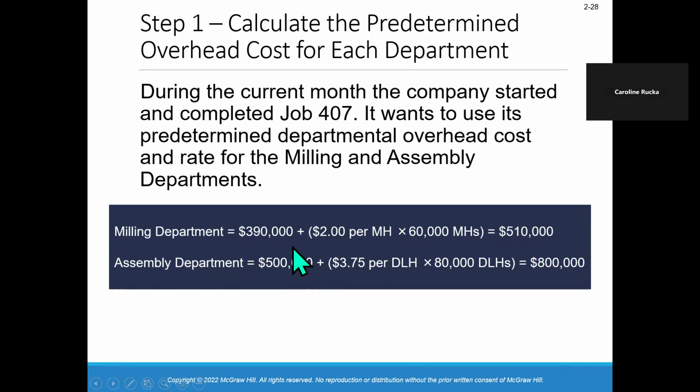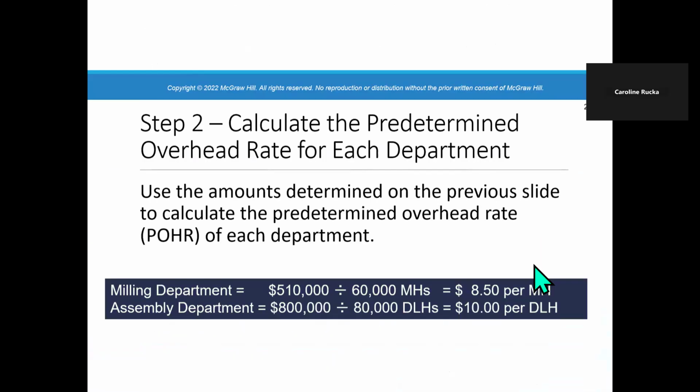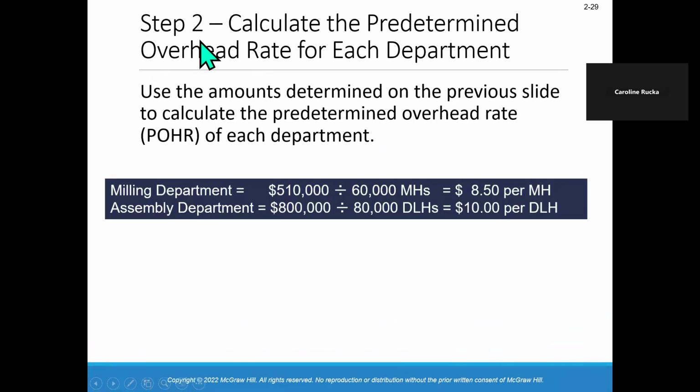Assembly department, the fixed portion is 500,000. We're going to allocate $3.75 per direct labor hour, times 80,000 direct labor hours. That's going to give us 800,000. Let's calculate the predetermined overhead rate for each department.